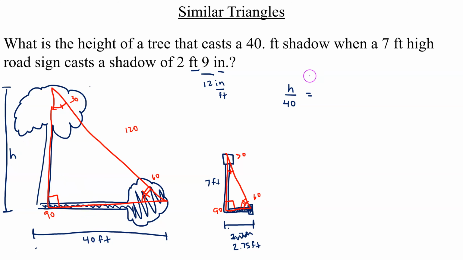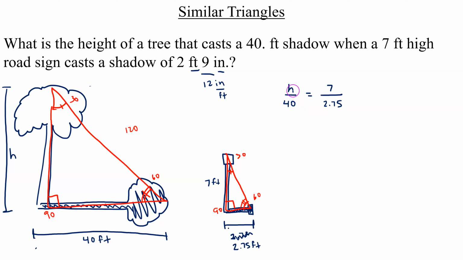So 1 triangle, 1 fraction, equals, and this is important, we have to use the same side. So this side right here corresponds to this side right here. So since h was on the top of our fraction, 7 has to go on the top of the fraction here. And then 2.75 goes on the bottom. And I left out units, but it's feet. So when we finish our problem, we will answer in feet.